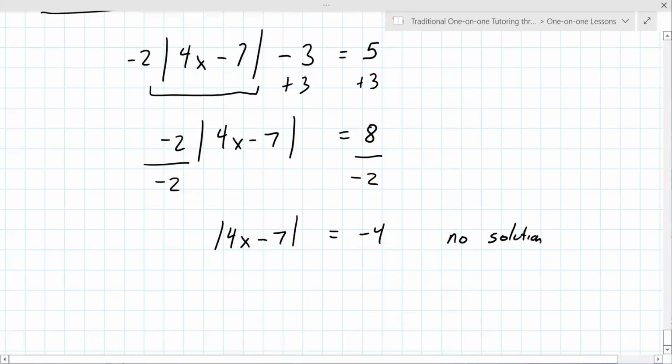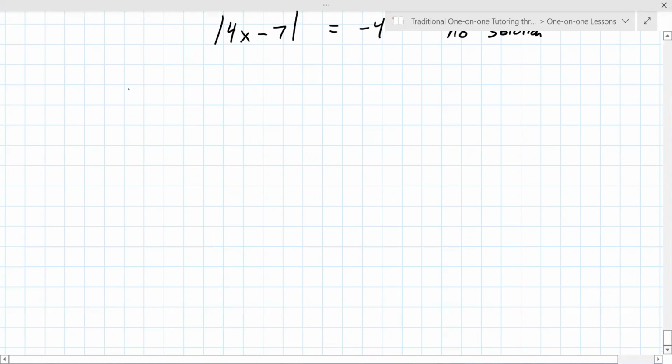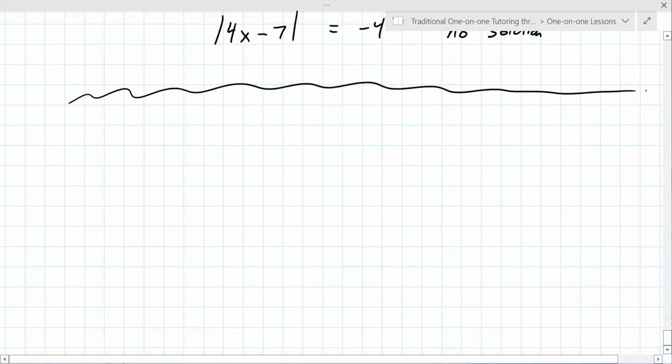So the summary here, let me try to summarize before I give you some problems: you're going to have something inside the absolute value, we'll say ax plus b, whatever that is, equals c. If c is greater than 0, meaning it's a positive number, 2 solutions.